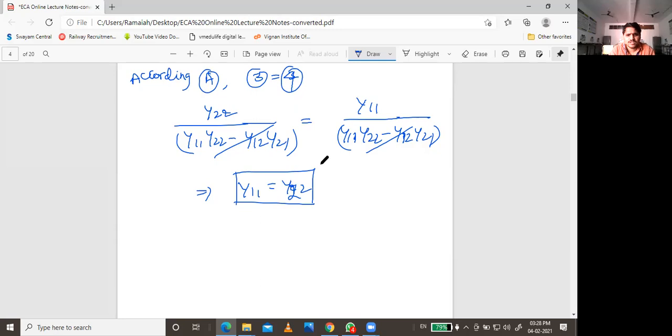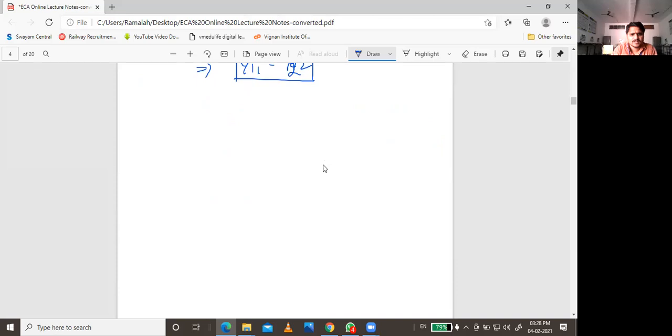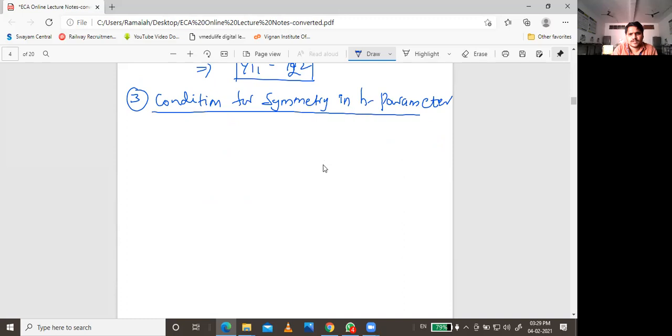Okay, so next one, let us start. Third one is condition for symmetry in H parameters. Okay, so H parameters, because Z and Y are completed.